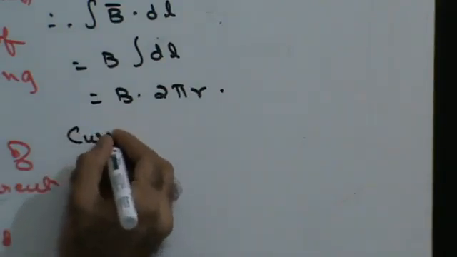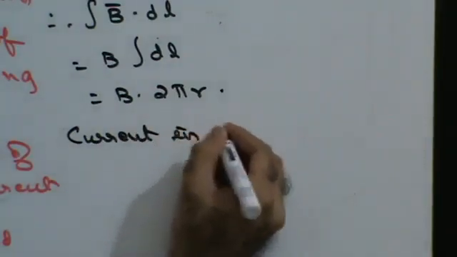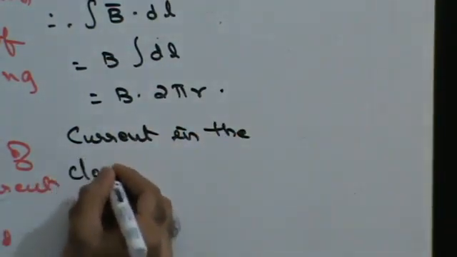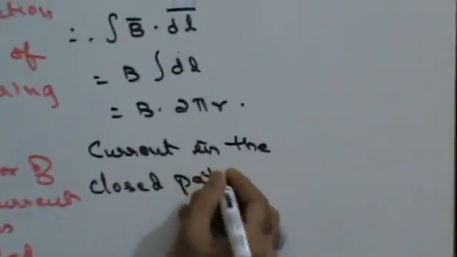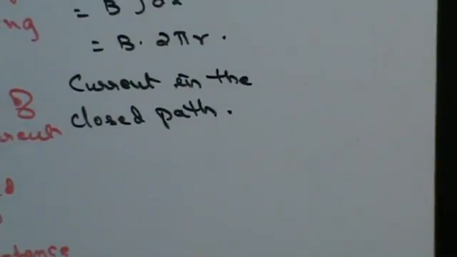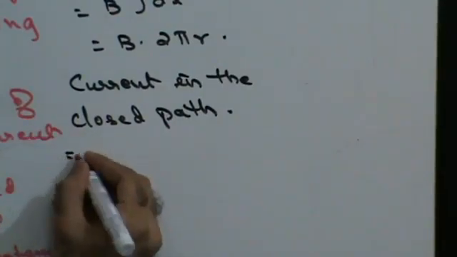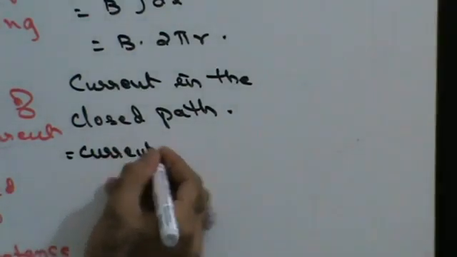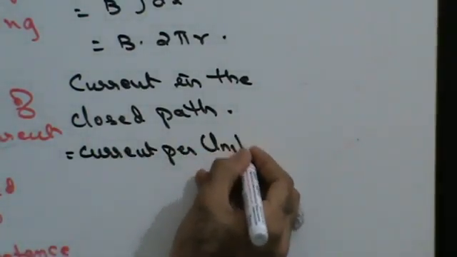Now the current enclosed in this path. You've drawn this circle of radius r. What will be the current in this closed path? It will be nothing but the current per unit area multiplied by the area of the closed path.